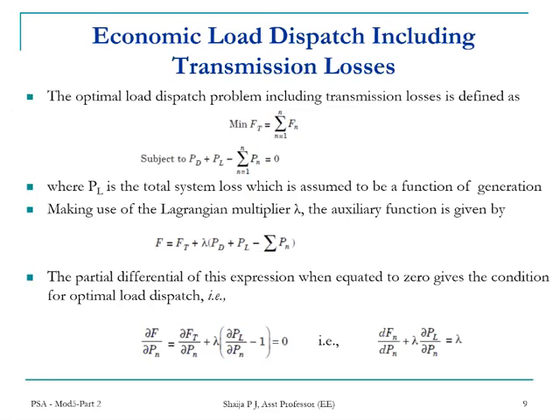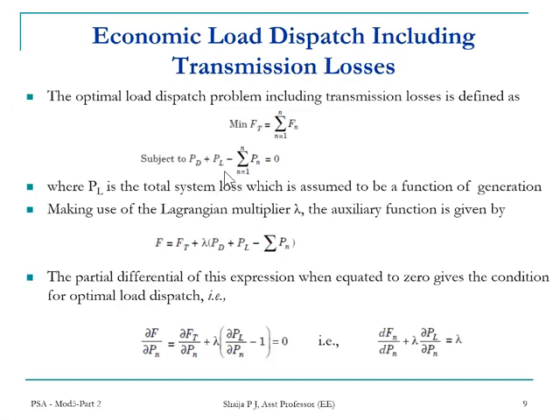Now the transmission losses, if denoted as PL, the problem can be stated as an optimization problem: minimize F_T, which is equal to sigma i equal to 1 to n of Fi, subject to PD plus PL minus sigma Pn equal to 0.